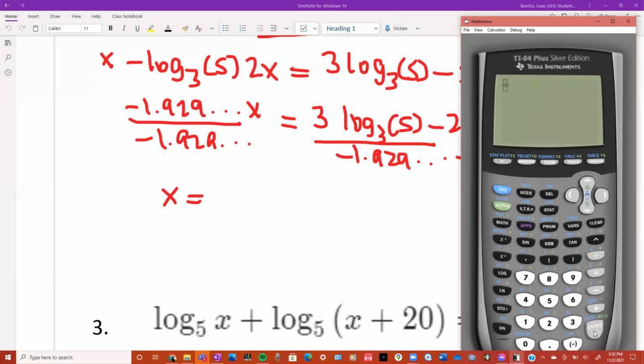We want numerator, denominator. 3 times, we have to do log base 3 of 5 minus 2, and then we need to do divided by, we go up to this number and we push enter. Uh-oh, I did it on the wrong thing. There's not an undo button on this, so del. I wasn't on the denominator part yet.